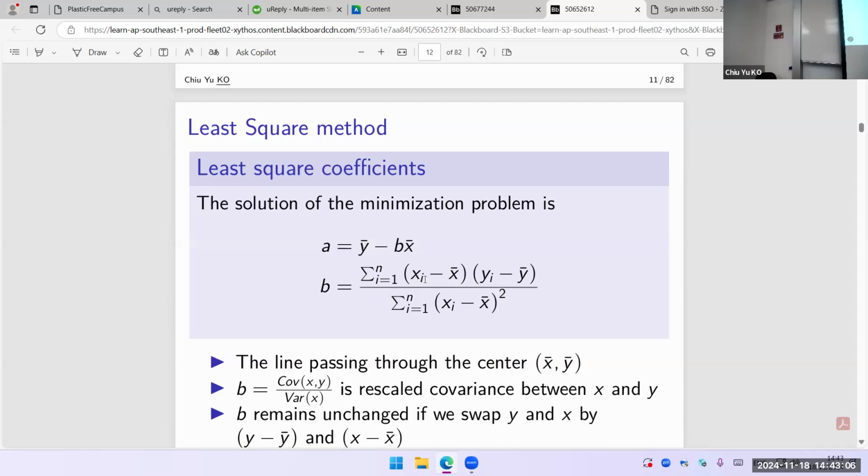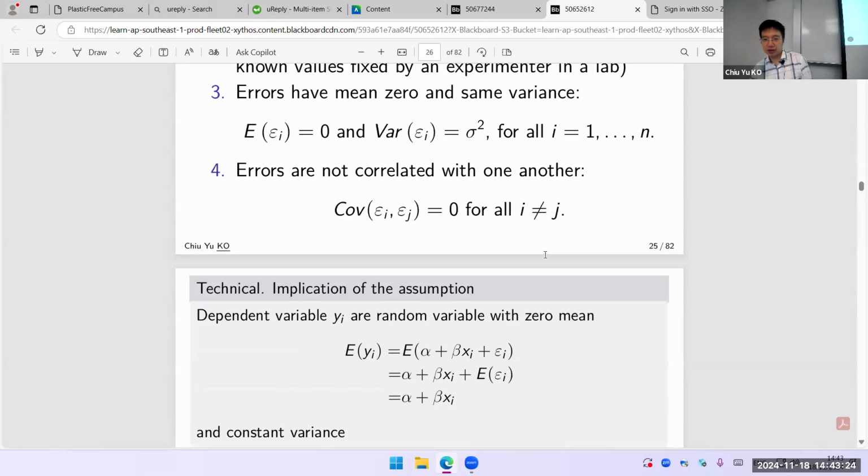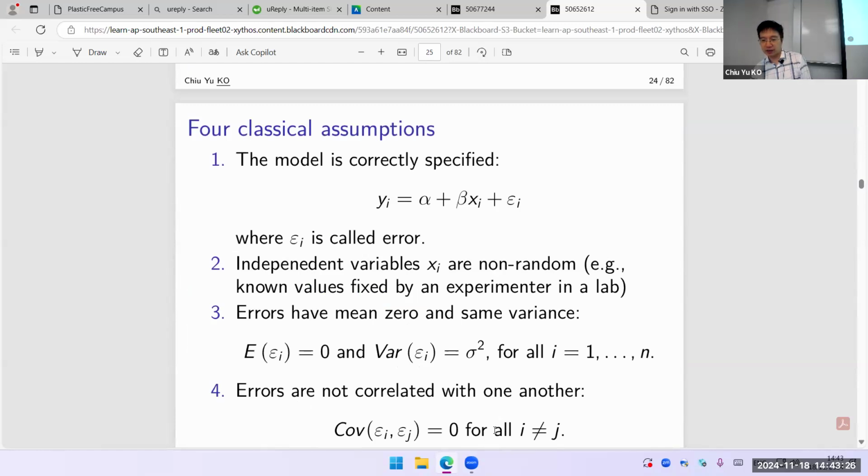But the problem is we often collect data, right? And the thing is we want to discover A and B in the real world, right? Because if you do regression, we want to say the world works in this way, you believe the world works in this way, right?